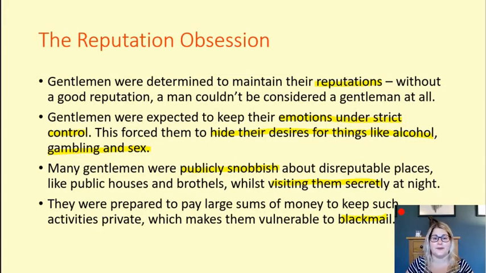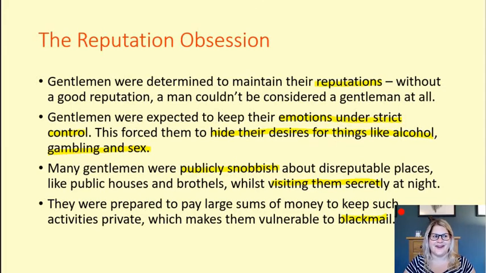Equally, Victorian gentlemen were expected to keep their emotions strictly under control. So they certainly weren't emotive on the outside. That kind of idea of a British stiff upper lip. But they're meant to hide their desires for things like alcohol, gambling, sex. They weren't meant to experience any sort of emotions or desires. And so because of that, in public, they were quite snobby about these disreputable places like bars or whatever else.